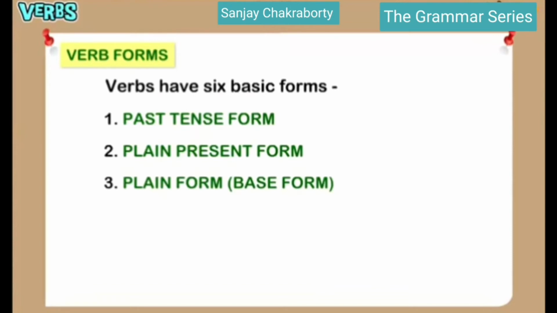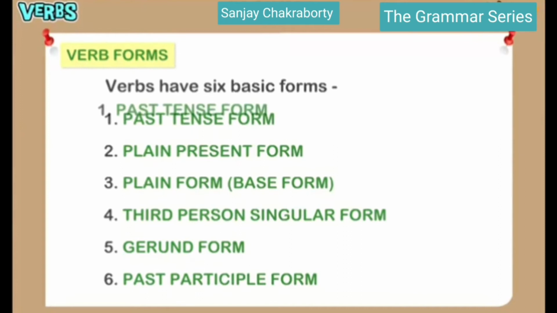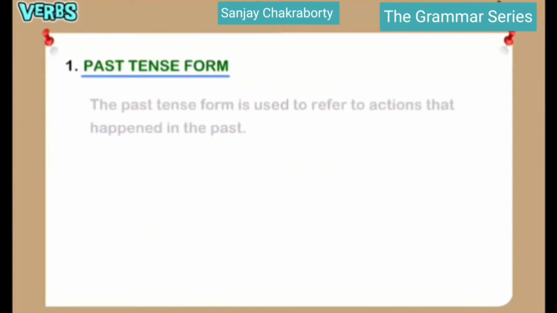There is this base form as well. We are going to learn about these first 3, and then there will be more follow-up learning. The 4th one is called third person singular form, the 5th one gerund form, and the 6th one is past participle form. All these forms must be new to you, but they are really important.